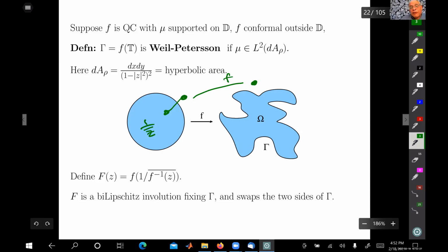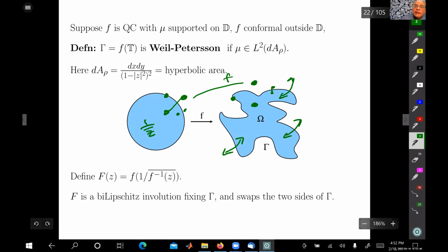It's the standard reflection across the circle. And I can map that forward again. If I do this for different points, if I start with a point here, it comes over here, reflects, goes across here. If I start with a point on the curve, it goes back to itself. So there's a natural reflection across the curve that comes with this setup.